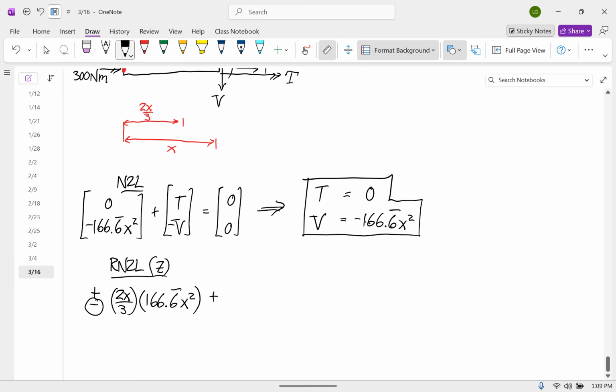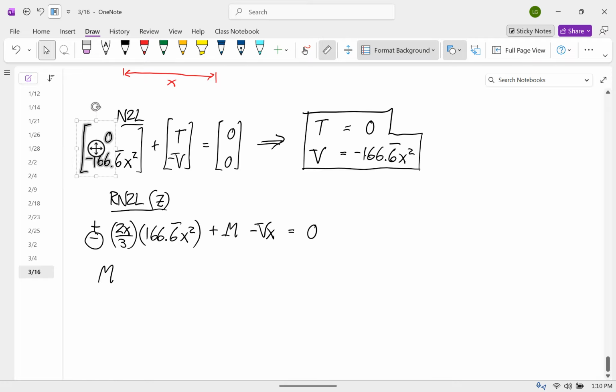And then we have plus M minus Vx is equal to 0. So M is equal to positive 111.1 repeating x cubed plus Vx, which is minus 166.6 repeating x squared times another x, so x cubed.